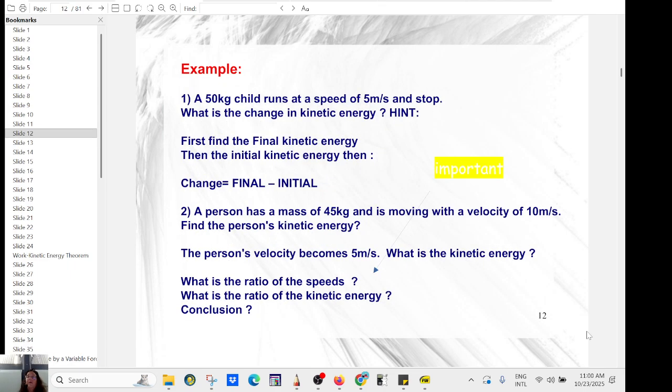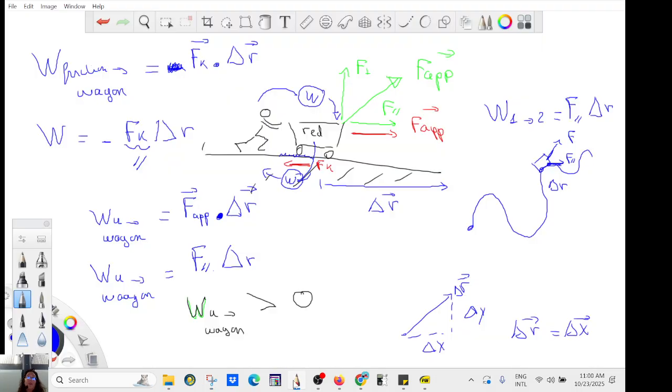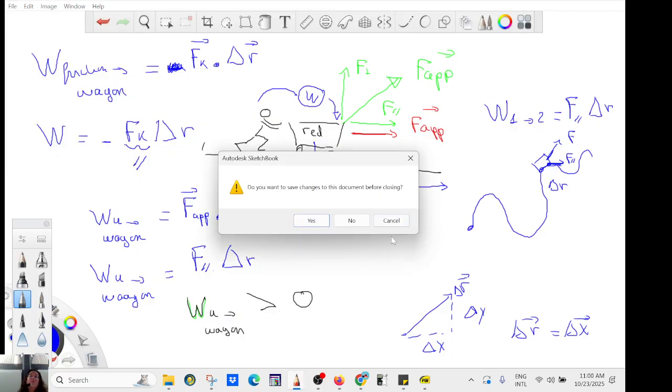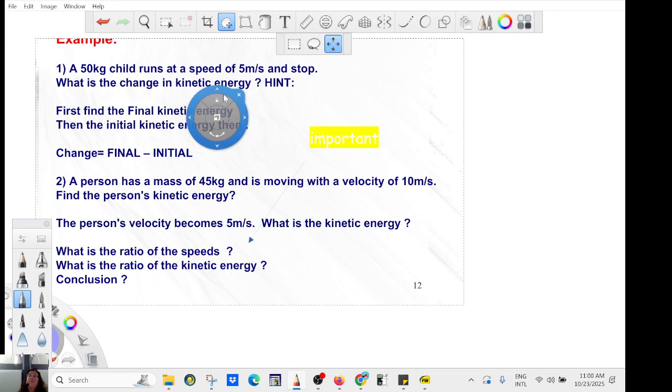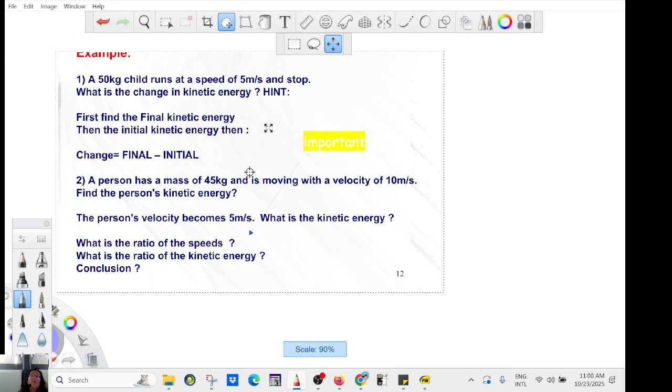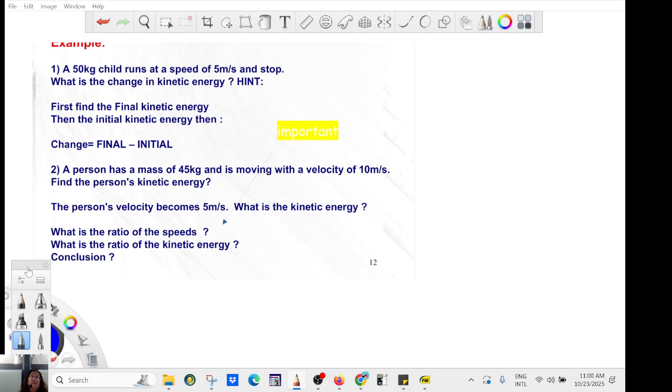Let's do an easy one so you get the idea, the concept, and then we go back to the math. And by the way, that will be chapter 1 of your book, where they go over the dot product and the cross product. For now, we worry about the scalar.